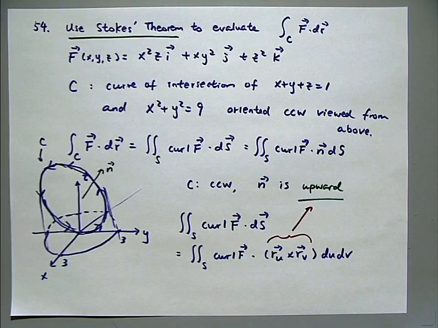And we have to put the appropriate bounds on these things. So we can say that u is between minus 3 and positive 3, right?